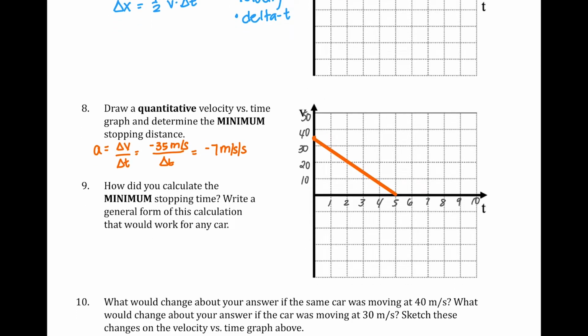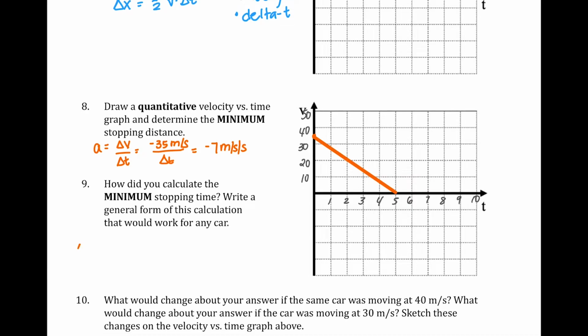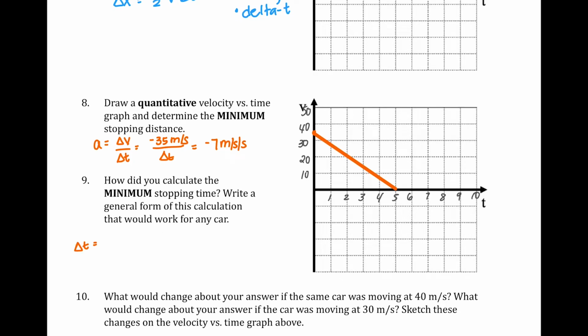And so our delta t is basically going to be delta v over acceleration. And so we're going to take that equation and isolate for delta t. Okay, so we have negative 35 meters per second over negative 7 meters, sorry, got ahead of myself there.